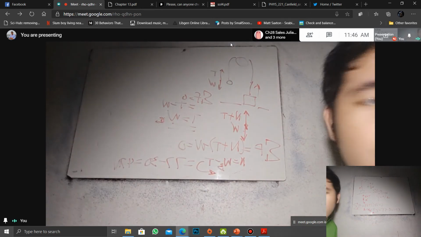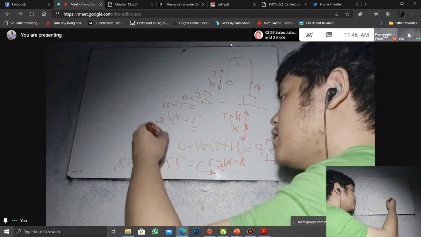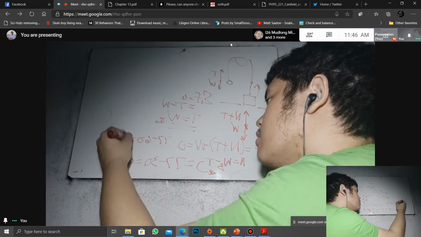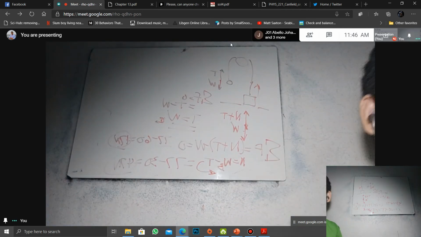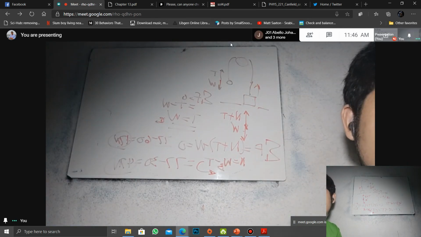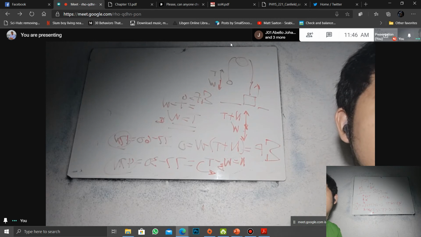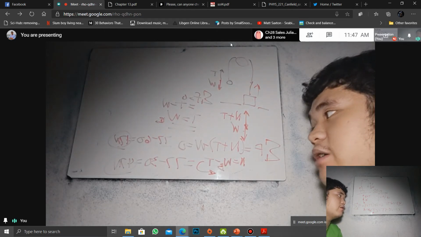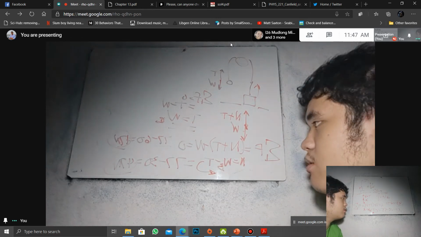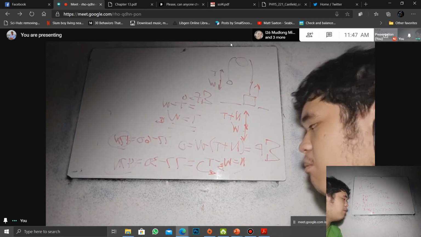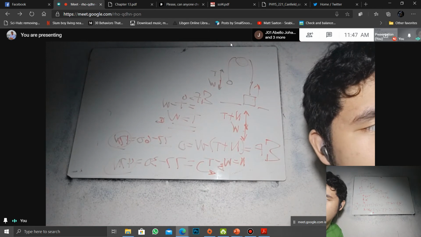So, ang normal force is 77 minus 60, 17 newtons. Sa letter C, 0. Ayun. Kasi nga, sa letter C, na-lift off the table na yung box. Okay.